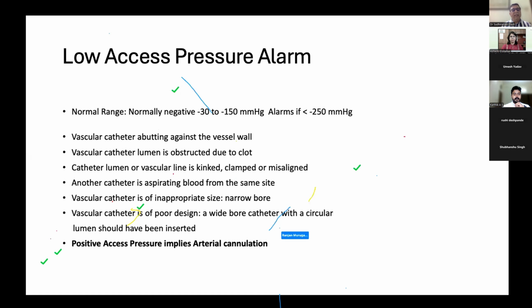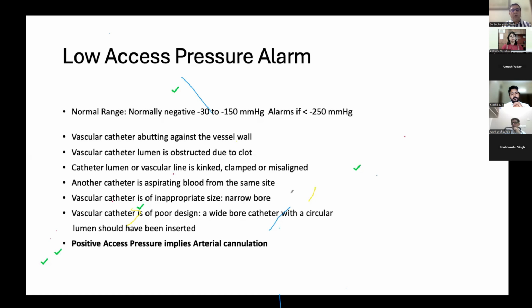If there is an inappropriate size of catheter... most often we use a catheter which is appropriate in length and size, usually 12.5 French or 13.5 French is ideal. If it is less than that, obviously that will cause less blood flow.